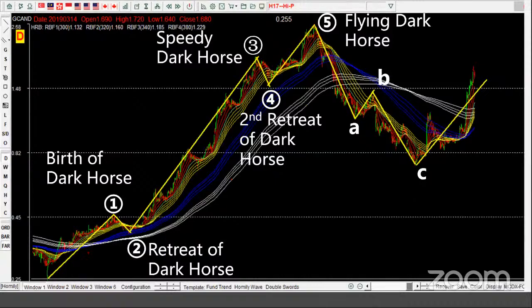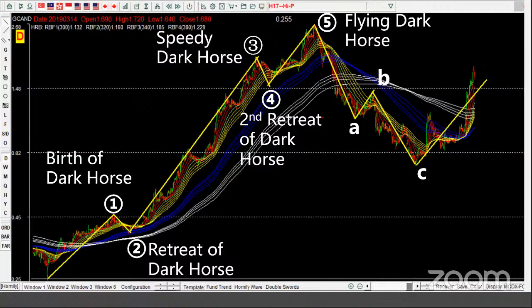So if you count the waves, for example, you can say this is wave 1, then wave 2, wave 3, wave 4, wave 5, and then A, B, C, right? After A, B, C, a new round of uptrend, right? So if you count it this way, the 5 waves like this is okay.